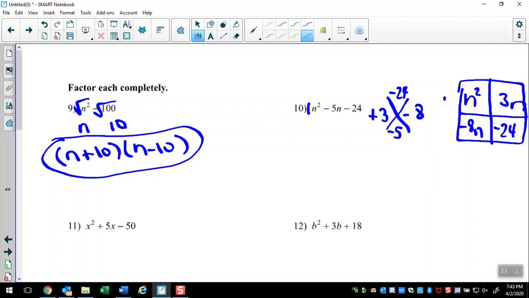So I'm always going to have a variable here and a variable here. Now I look for greatest common factors. There's a 1 and a 3, so just a 1 here. A 1 and a negative 8, so just a 1 here. 3 and negative 24 is going to be plus 3. Negative 8 and negative 24 is going to be negative 8.